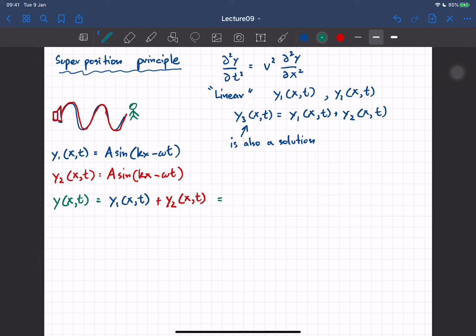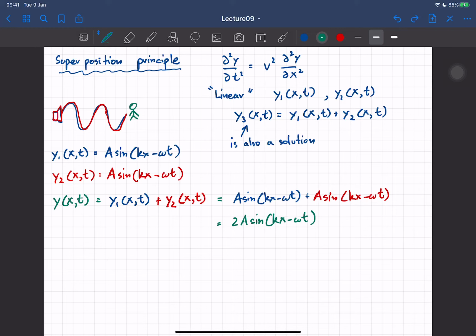So you're going to have a sine of kx minus omega t plus a sine of kx minus omega t. Same thing. So in the end, what I have is just twice of what I originally had. The resulting wave has the same frequency because omega didn't change, and the same wavelength because k didn't change.